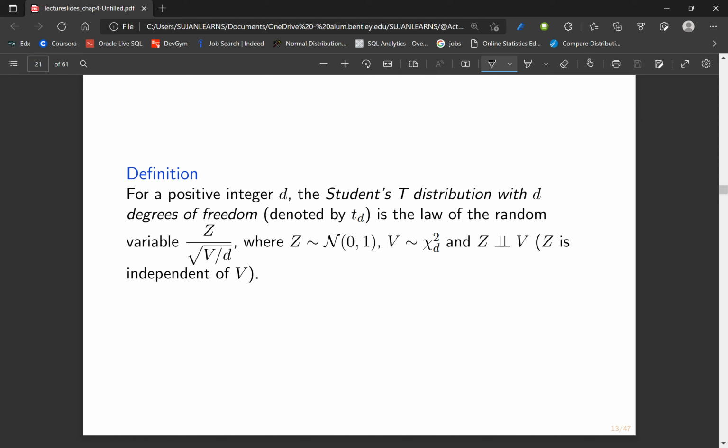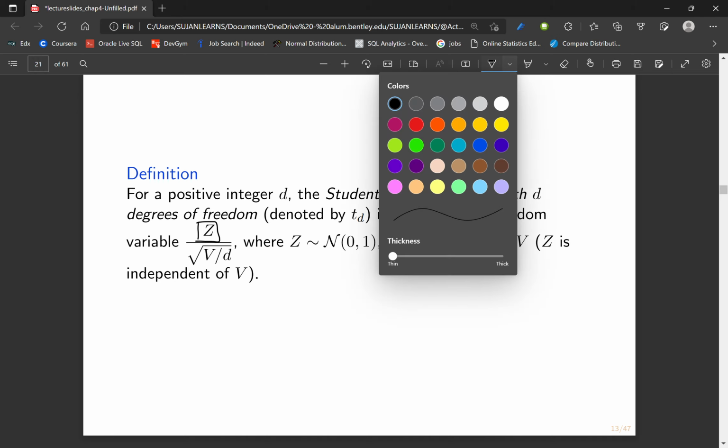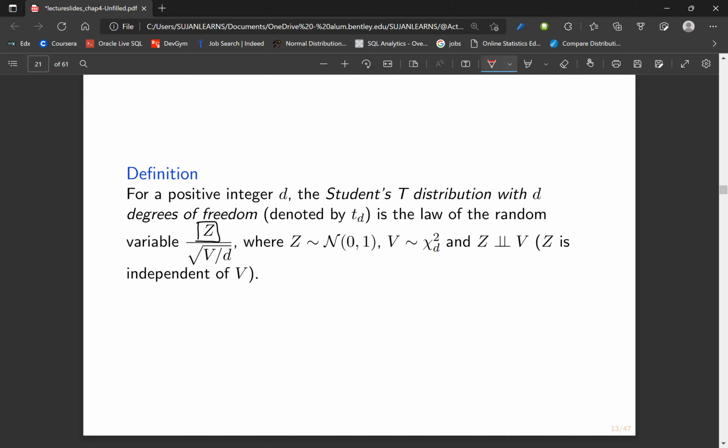Here, z is our standard normal distribution. v is our chi-square distribution, and d is the degree of freedom, which is n minus 1.